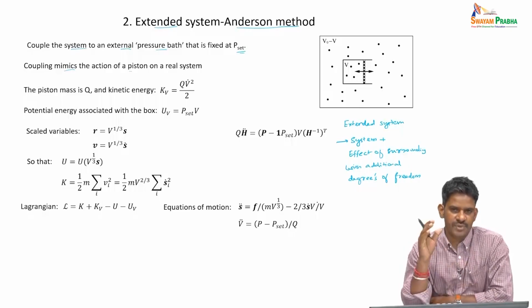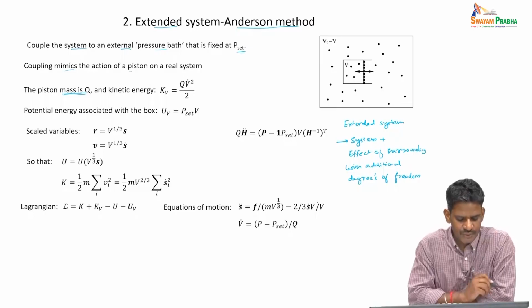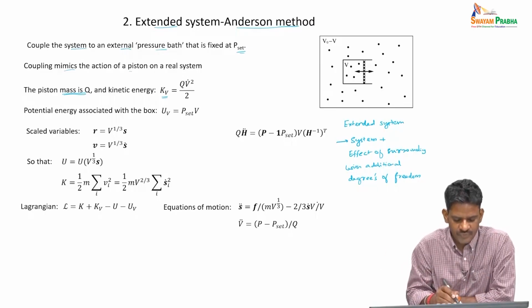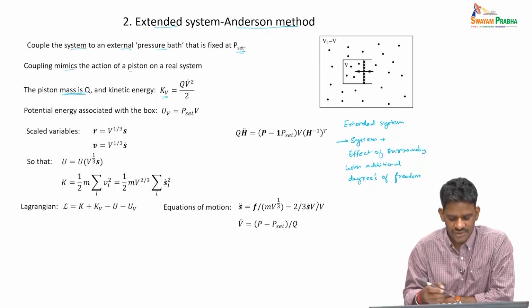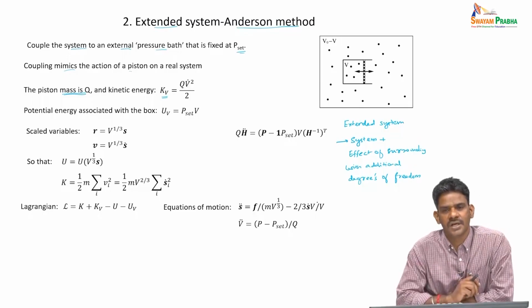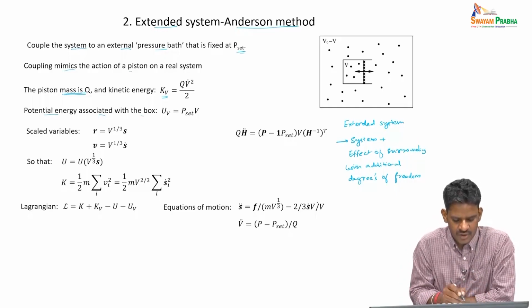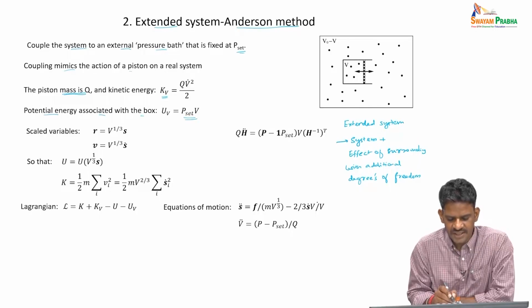Now, we think of this piston as having a mass Q, and then we define an additional kinetic energy to the system as Q times V dot squared by V, where V dot is the rate of change of the volume of the system. We also define a potential energy associated with the box, which is given by P set times V.